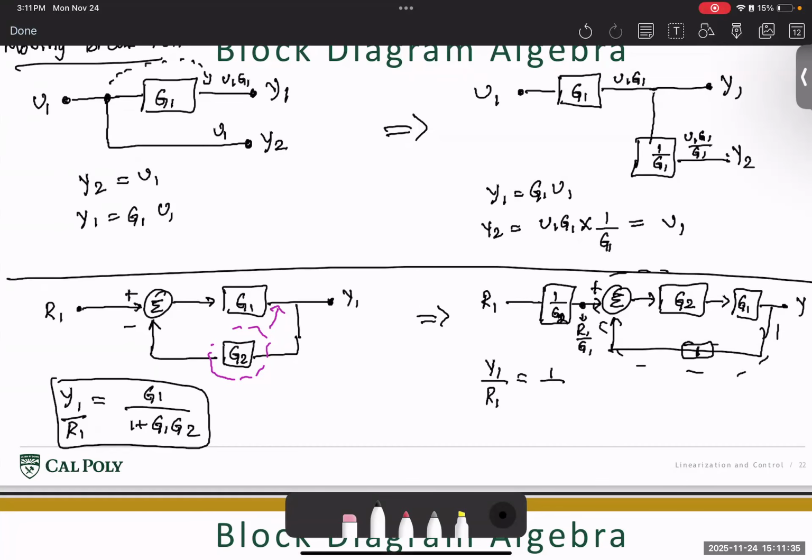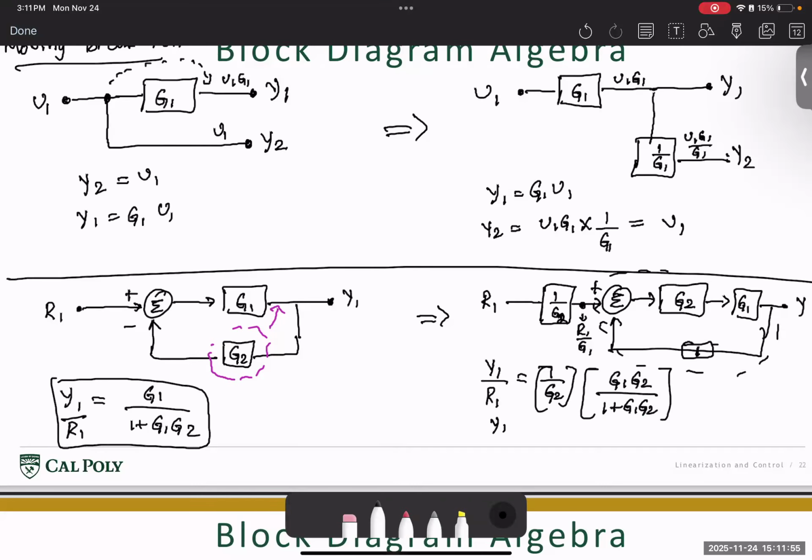Then this can be written as 1 by G2 times some other block here, and this block is given by a unity feedback here, while we have two product terms in the numerator, where the transfer function here is G1 G2 divided by 1 plus G1 G2.